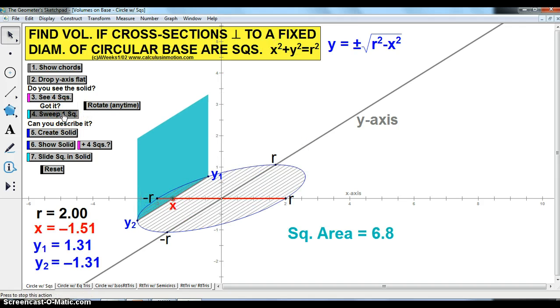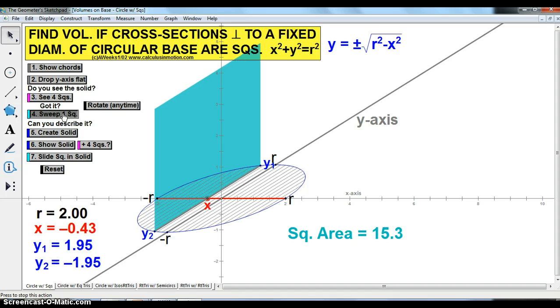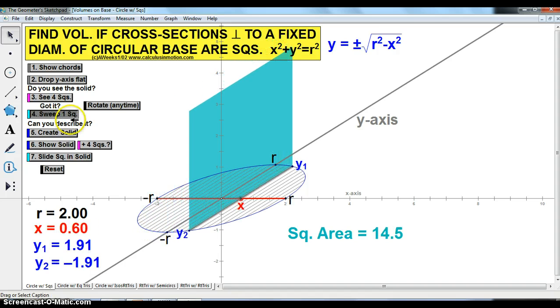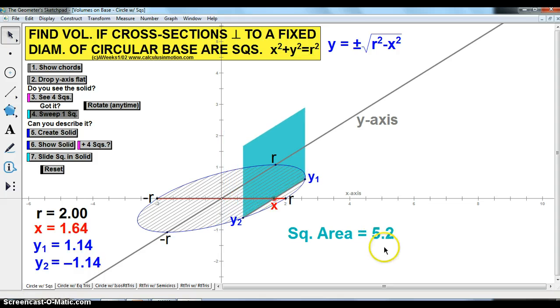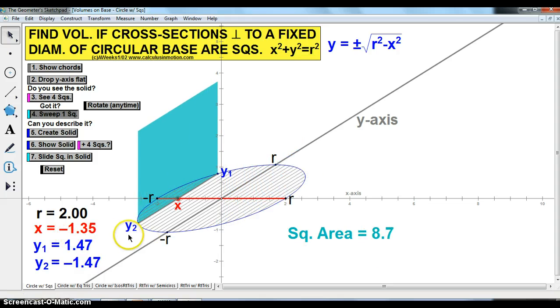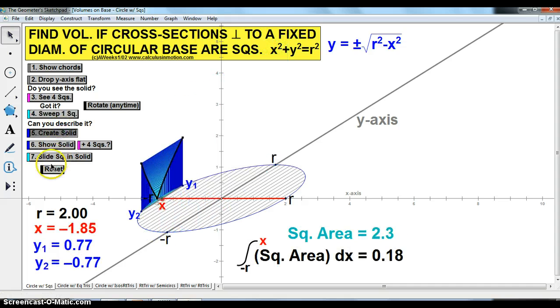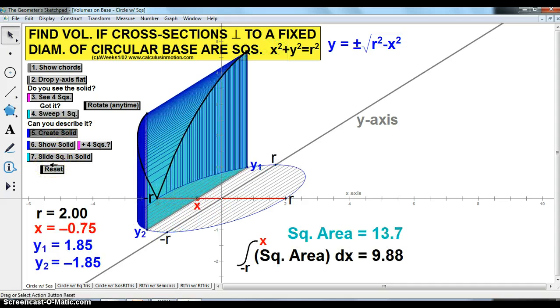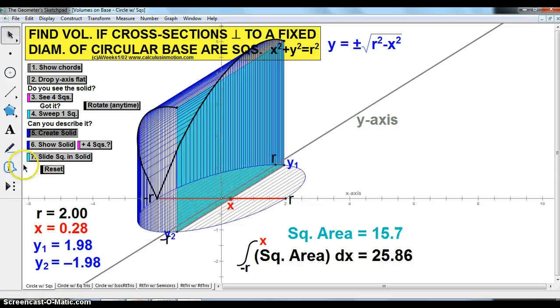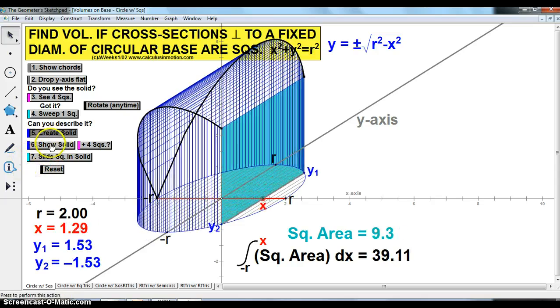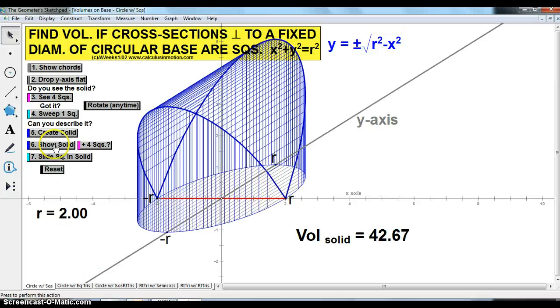And we can actually watch a square as it goes through. You see how it gets bigger, then it gets smaller. Shows over here the area as the square changes size. And let's see what this solid looks like. And so we can see if we had a circular base and we filled it with square cross sections, we'd get a shape something like this.